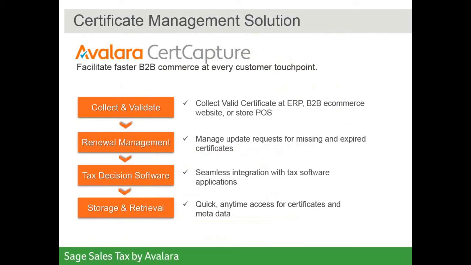We are going to help you collect the certificate and have that information readily available so that it speaks to AvaTax, it speaks to Sage, and you have a closed loop, right? So we know that that account is exempt, and then we also have a way to automate the request for a new certificate, and if and when you get audited, it's very fast and easy, a couple clicks of the mouse, and you've got those certificates produced and ready to show.